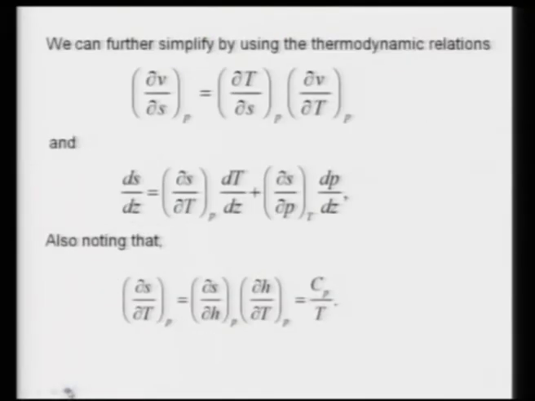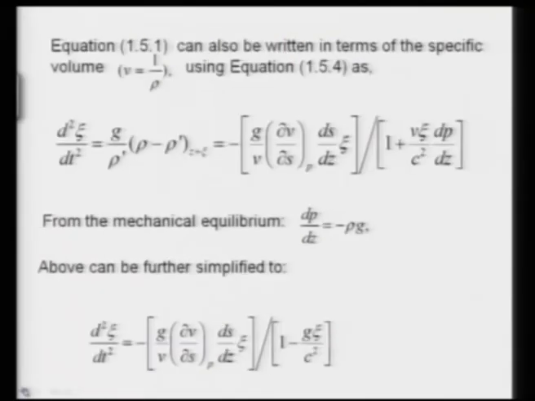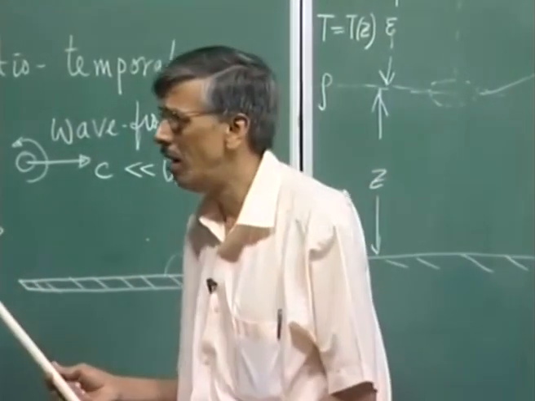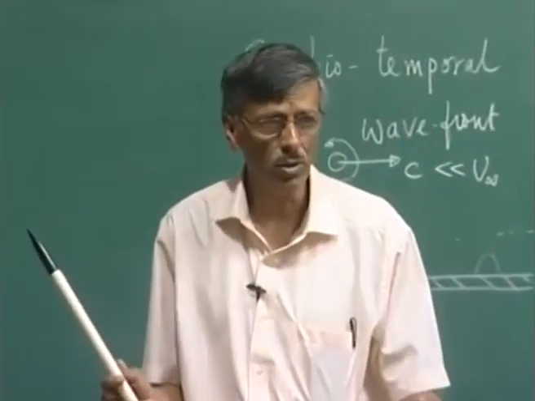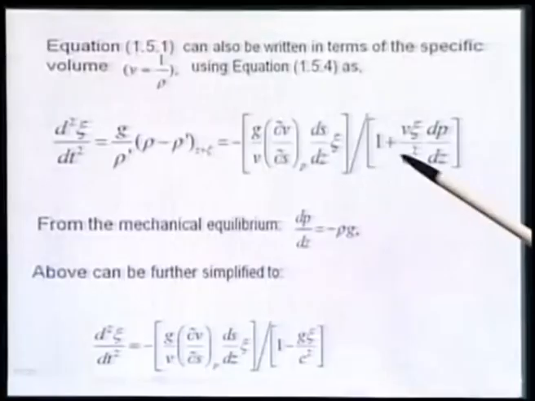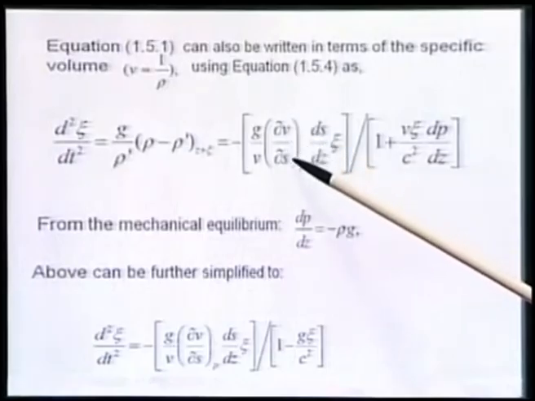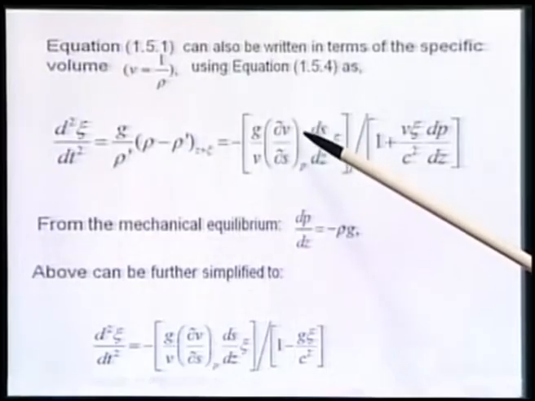And what we found is the numerator was ρ minus ρ′, that was given in terms of g times that ∂ρ/∂s times Δs, and that was given by this. So, now we have done some simplification, because ρ itself was 1 upon v.